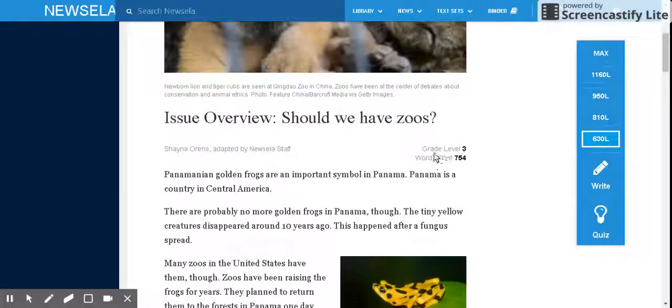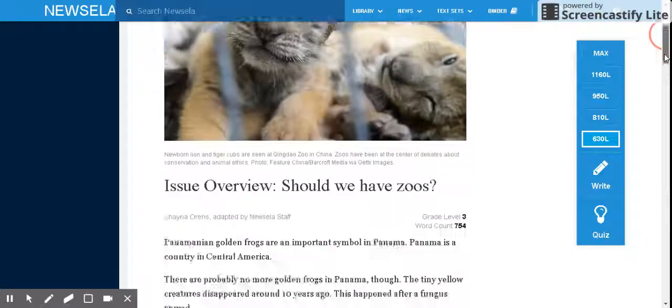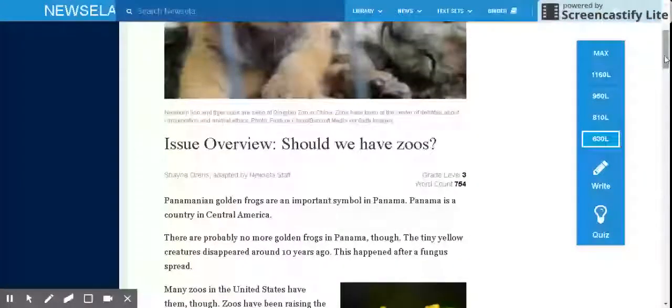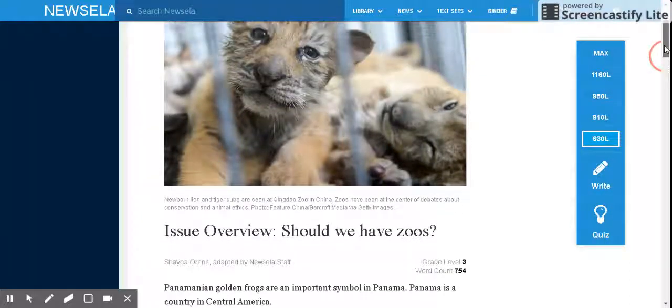And it does notate here for me that this is grade level 3, and how many words are in the word count, just so that I know that for a little more further information. So that's the beauty of Newsela, is that you won't find this anywhere else, is having the same information written at 5 different levels.